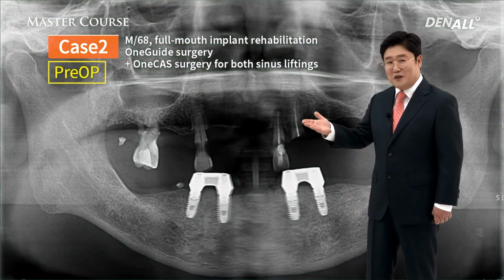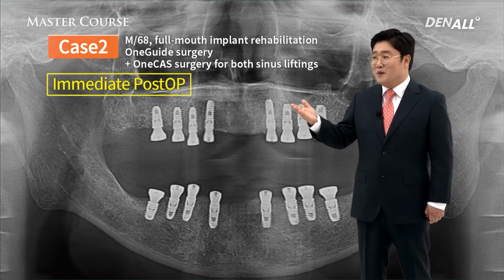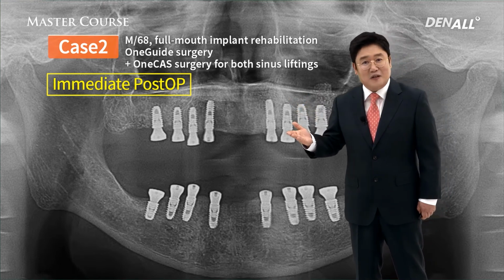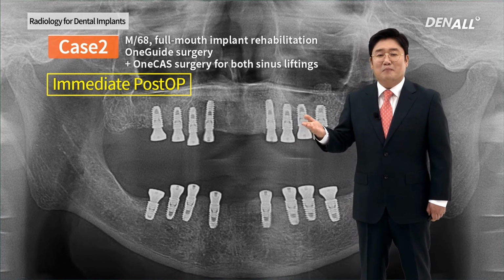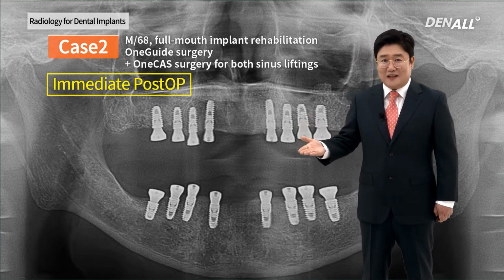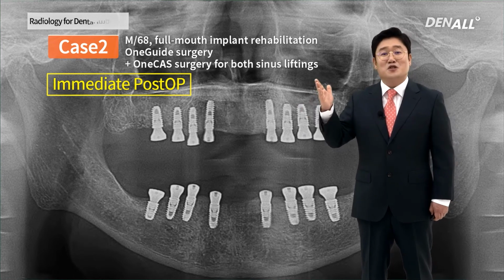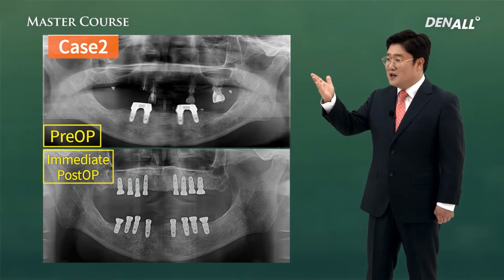Pre-op, teeth are extracted, and 8 implants on the maxilla, 8 on the mandible were placed in a simple, easier, and accurate way. So the digitally guided implant surgery was performed.